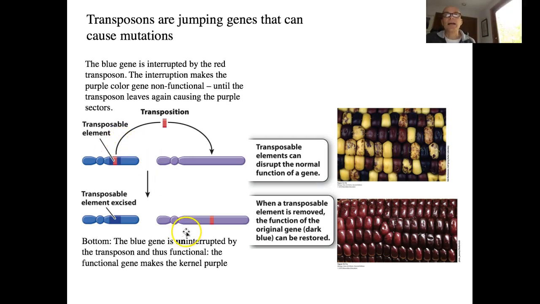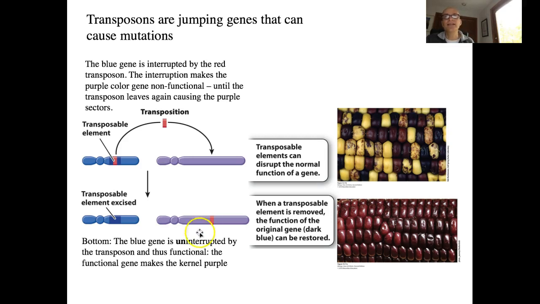And the reason why the retrotransposons are called RNA transposons is because they make a copy of themselves by going through an RNA intermediate, and then that RNA intermediate is back transcribed into DNA, and that is then inserted.